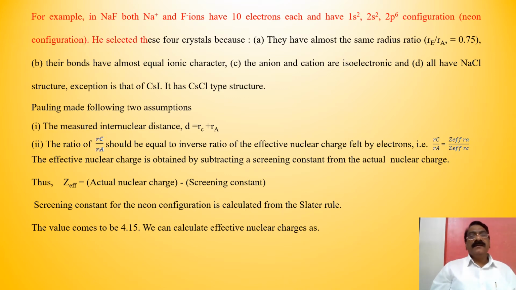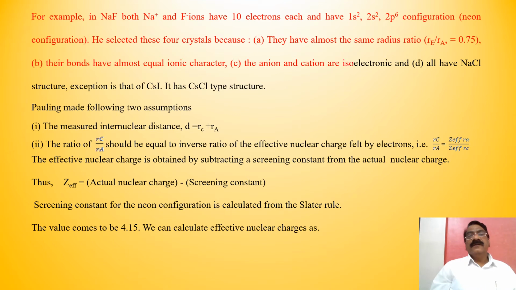He selected these 4 crystals for study because, first, they have almost the same radius ratio, that is Rc upon Ra is equal to 0.75. Second, their bonds have almost equal ionic character.